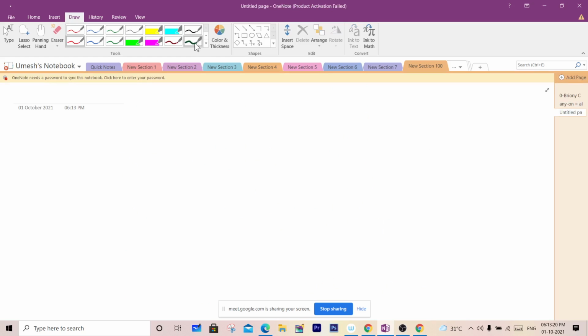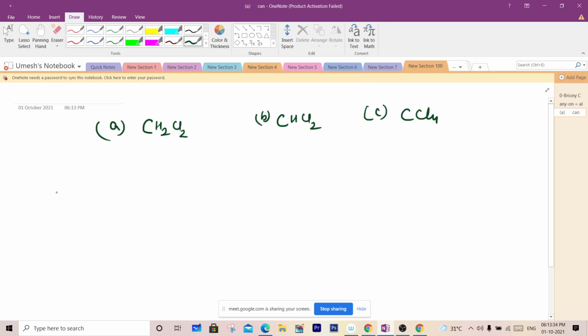Now I'm giving you one question here. A, B, C. Out of these three compounds, which has the highest dipole moment? CHCl3.